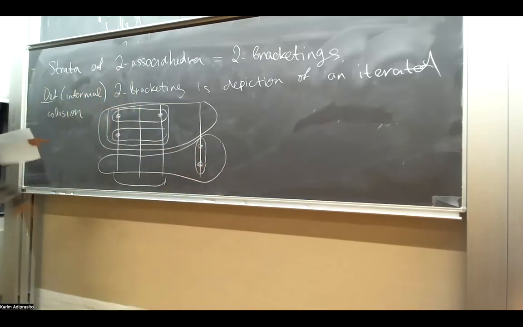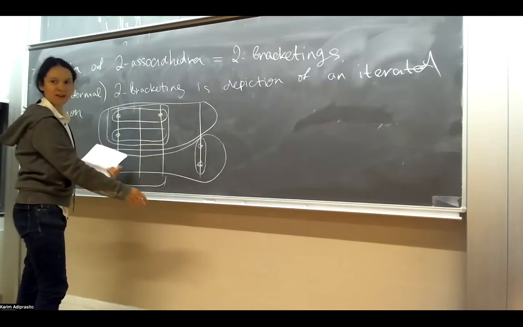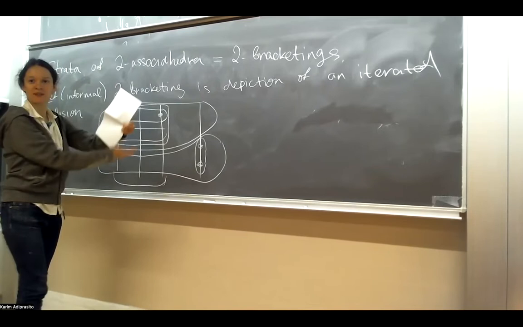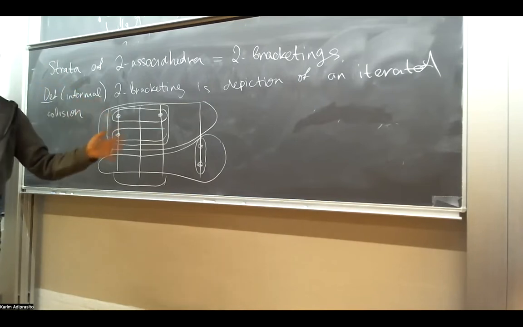And then you may or may not draw the maximum circle to say that in the end, this was a very, very fat line and 2 very, very fat points collide on that. So this arrangement of circles that show what collided with what and what ended up being higher than what is a two bracketing.